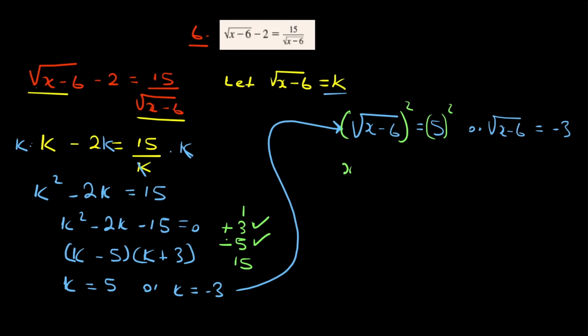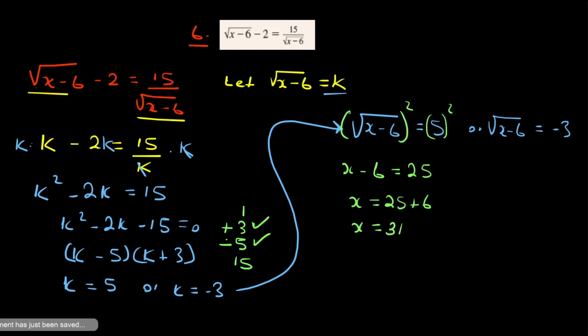Then we'll have x minus 6 is equal to 25. Then we're solving for x, therefore we take the 6 to the other side, it will be 25 plus 6. Therefore our x value will be equal to 25 plus 6, and then it will give us 31. Means one of our solutions is 31. We do the same thing on the left hand side.